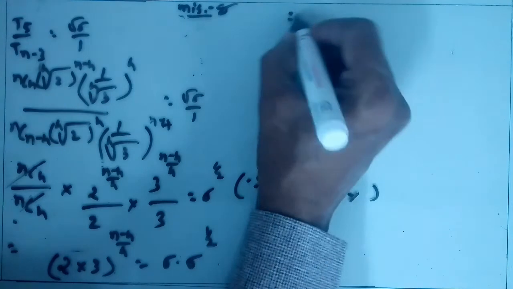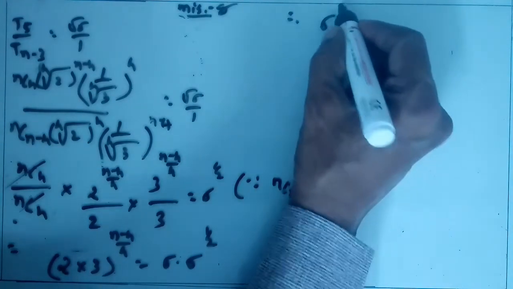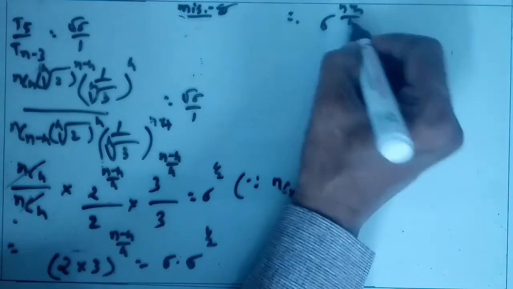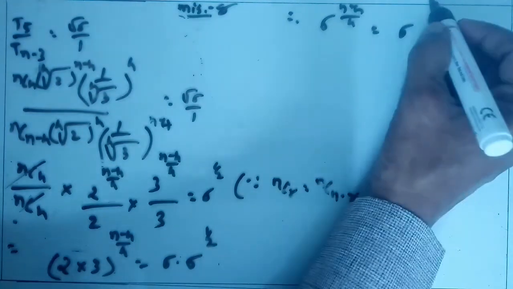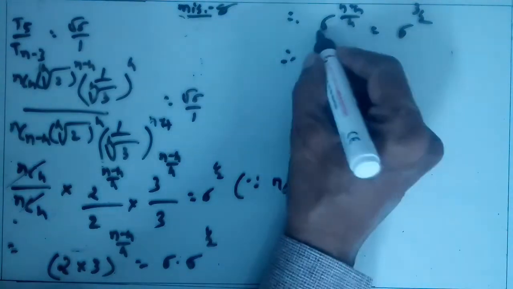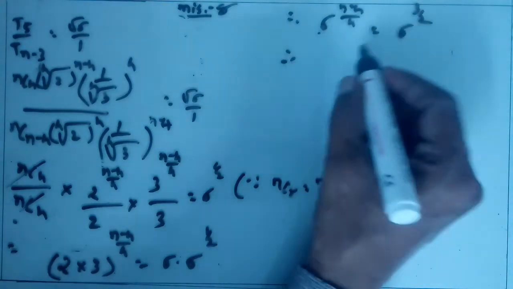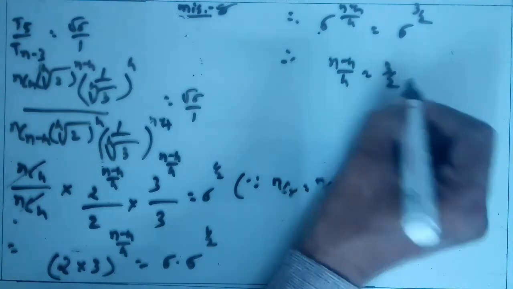Clear? So 2 into 3 is 6, therefore 6 raised to n minus 4 upon 4 is equal to 6 raised to 1 plus 1 by 2, that is 3 by 2. Here both have the same base, so compare power: n minus 4 upon 4 is equal to 3 by 2.